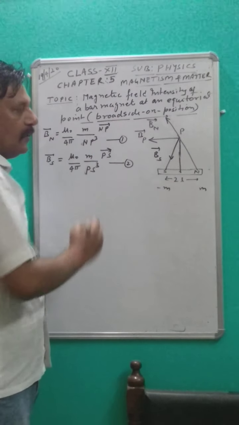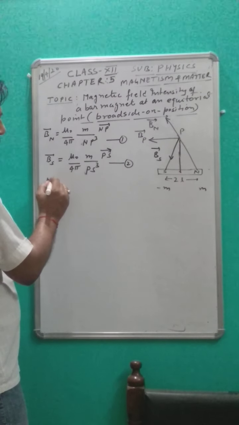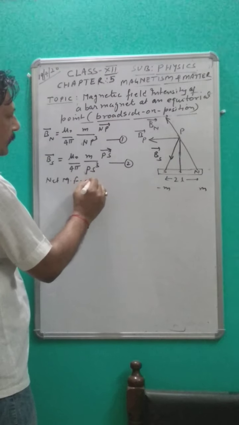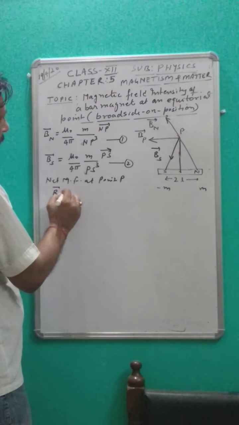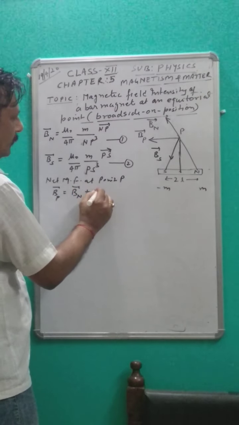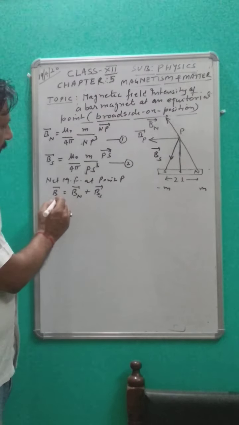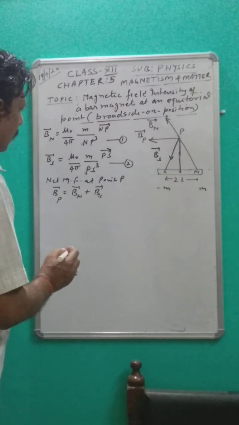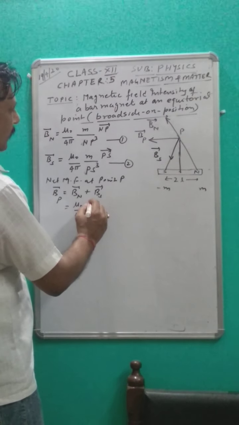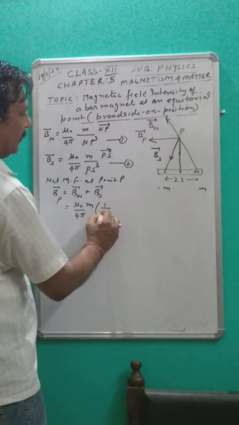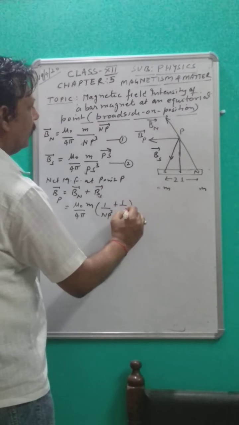This is equation number 2. Here small m is the pole strength. The net resultant field at P will be the vector sum of Bn plus Bs. Putting the values, mu naught upon 4 pi, m into 1 upon NP whole cube plus 1 upon PS whole cube.